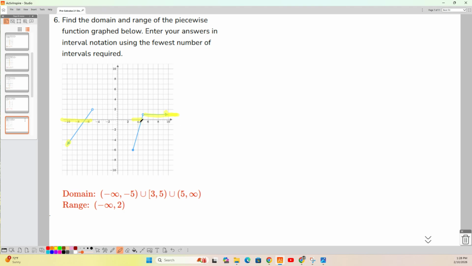So for this segment, we're including 3 because there's a closed circle here at 3. So we use a bracket with a 3. Then we go to 5, but not including 5 because of the open circle at the x value of 5. Union 5 with a parenthesis, so not including 5 again, up to infinity.